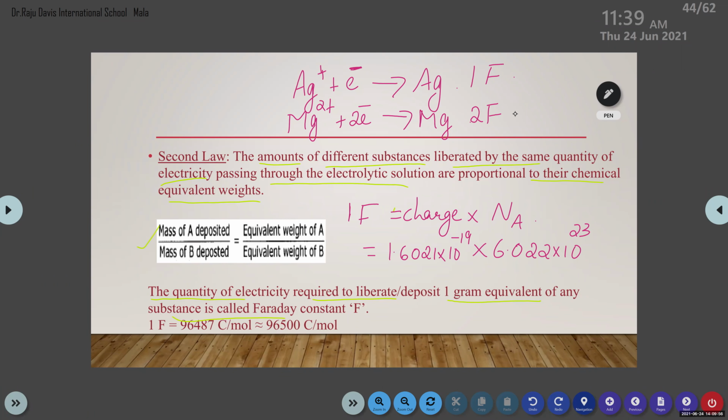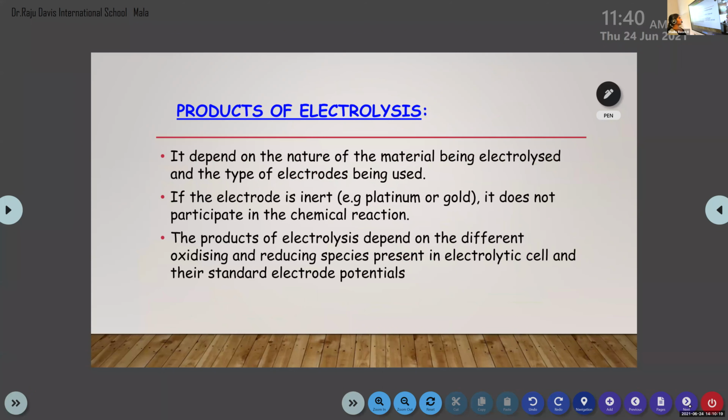Okay, then we are moving to the next topic, that is the products of electrolysis. Electrolysis means that due to the supply of electrical energy, the electrolytes or substances are split into their ions, right? So here we are going to learn what products will be obtained after this electrolysis process.